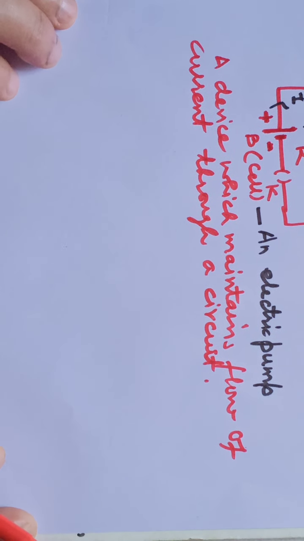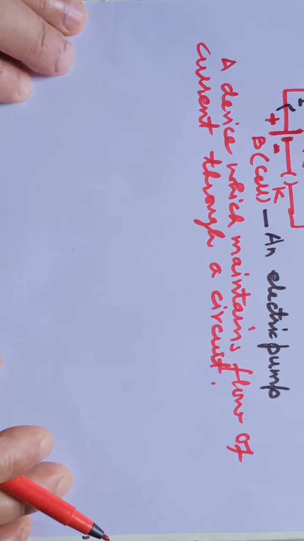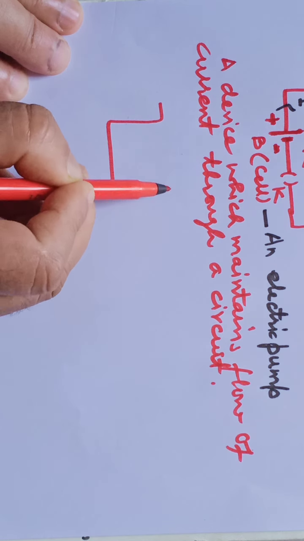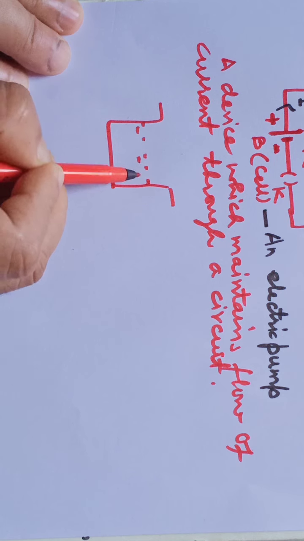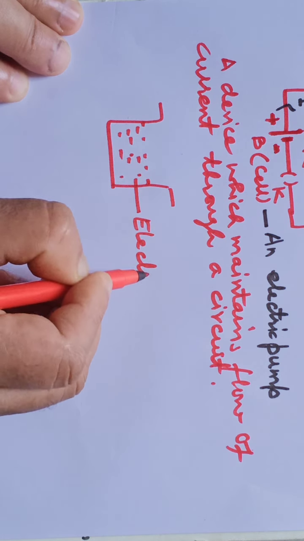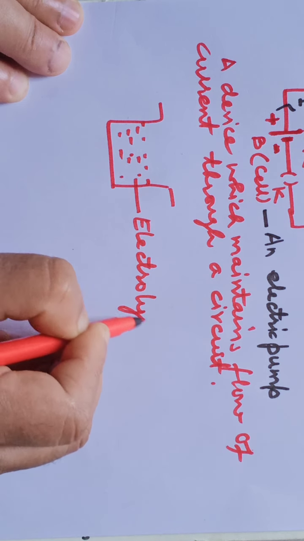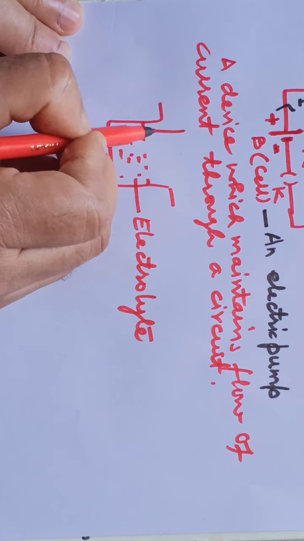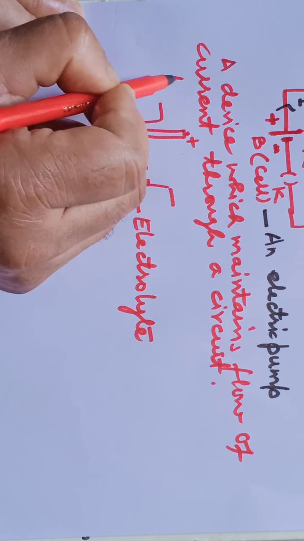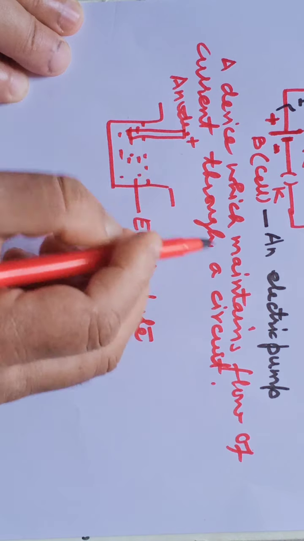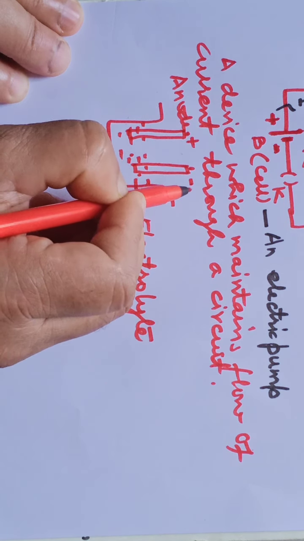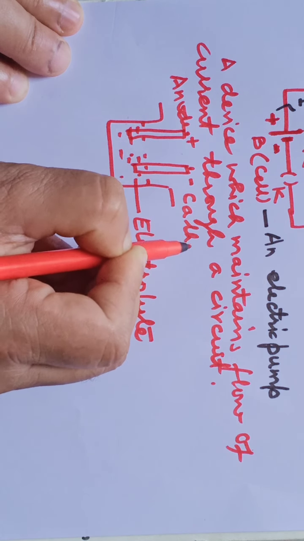A cell comprises an electrolyte, two electrodes, one is positive called anode, another is negative called cathode.